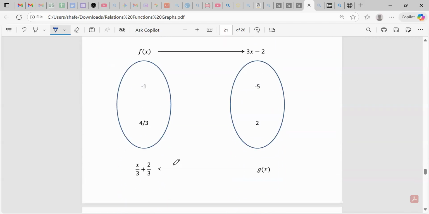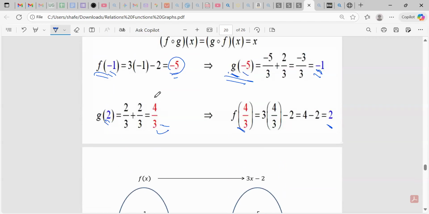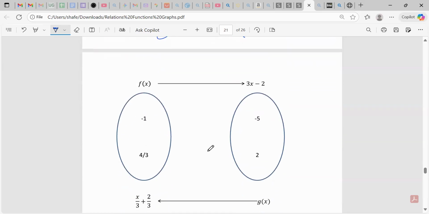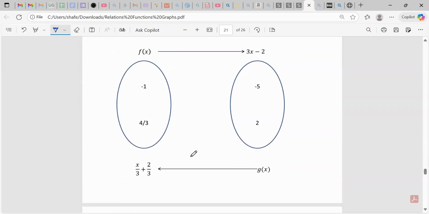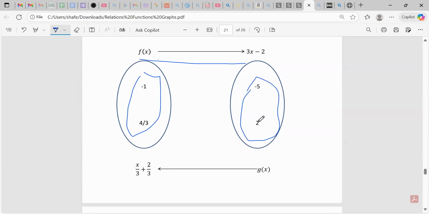So look here. Same thing we do in calculations, we do it on a graph here, right? Like a mapping diagram. So if you were to take these two numbers, put them in the function f, it will churn out these. If you were to take these instead and pass them into g, g will churn out these, right?